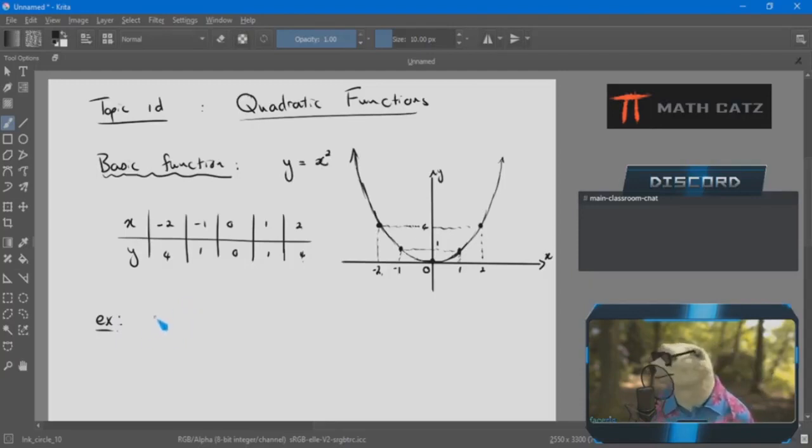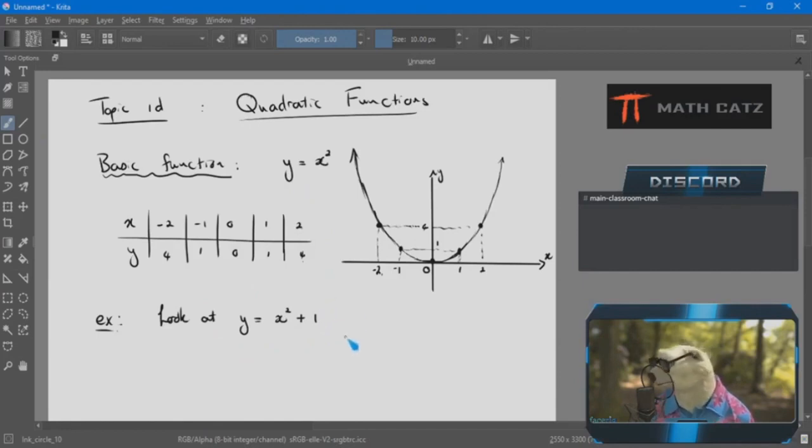Let's look at y equals x squared plus 1 and understand how I can find or build this new function from my basic function.